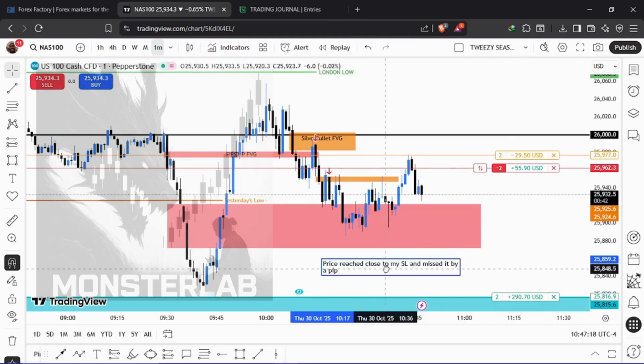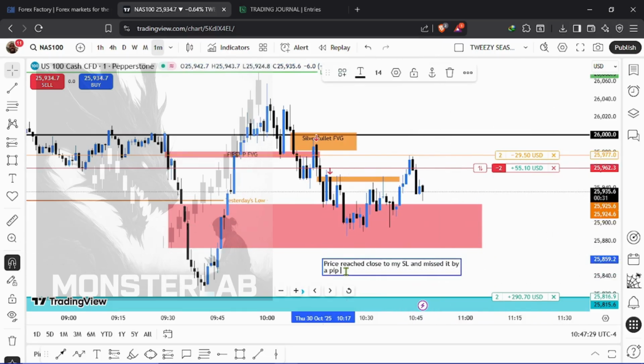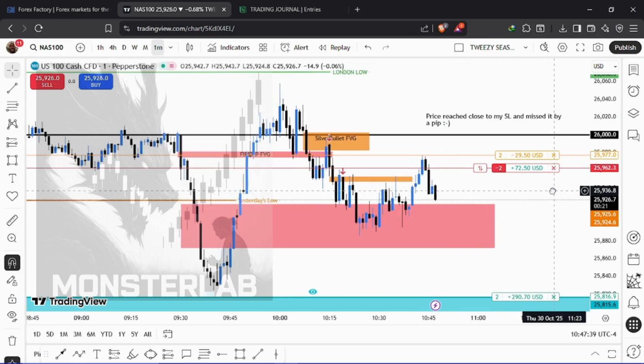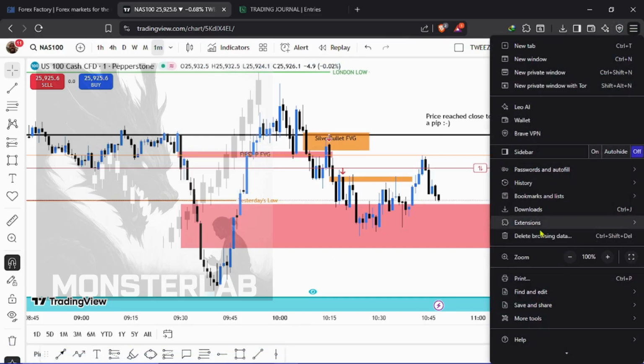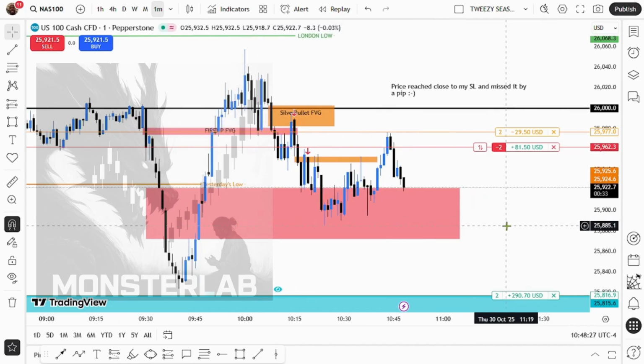I don't like this kind of position. I don't like holding this kind of position because as you can see, it has taken me out, missed my stop loss by 1 pip. I'm willing to take a partial below those small equal lows down there on the 1 minute time frame inside the 5 minute interval.